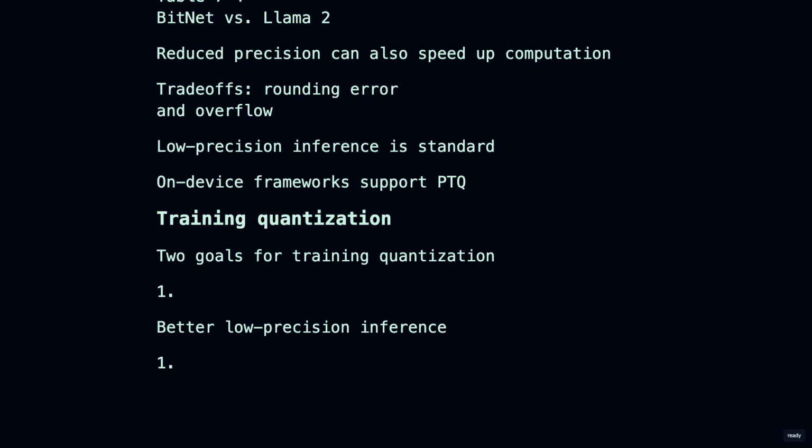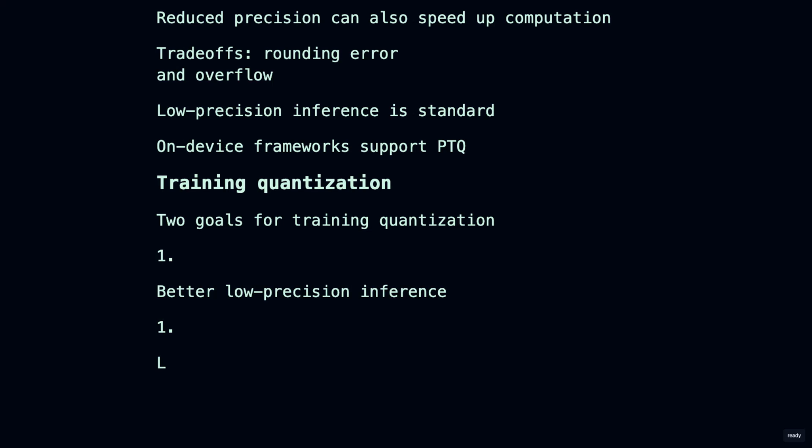The second goal is cost reduction during training itself. Quantization can shrink memory use and speed up computation, which means cheaper hardware or larger models on the same hardware. So quantization is not just a deployment trick.